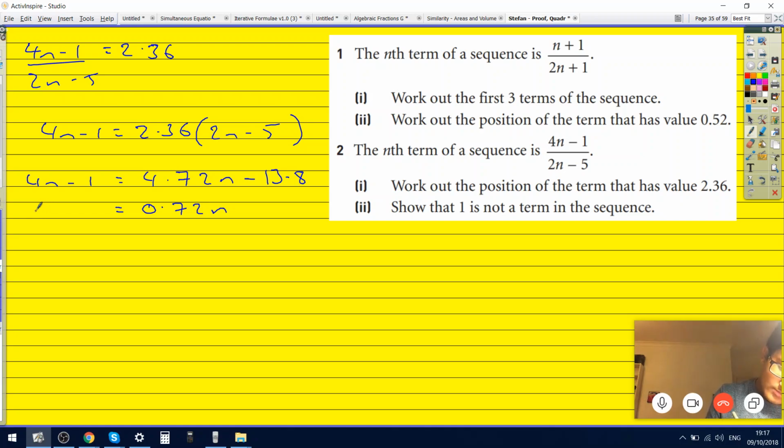So 0.72n equals 12.8, sorry, yes 12.8. n equals 12.8 over 0.72. If you were really stuck, you could do 1280 over 72, but I believe it's a calculator question.